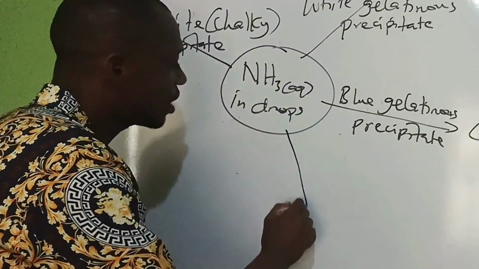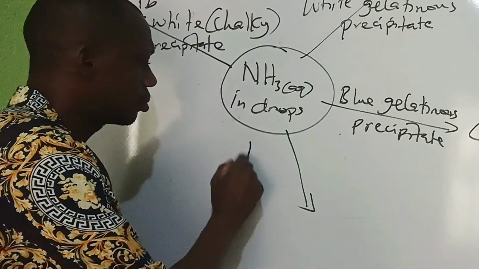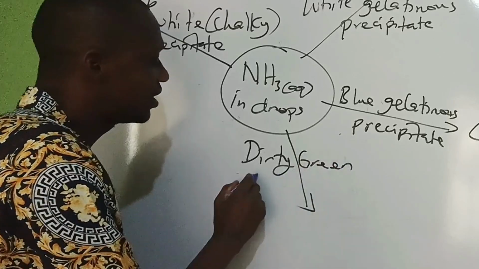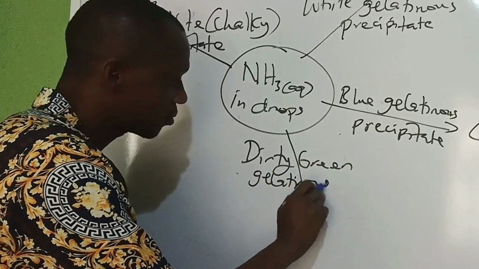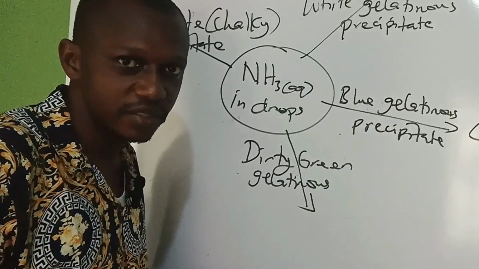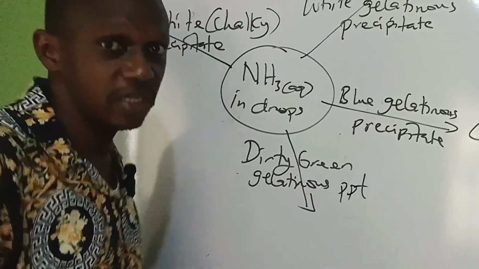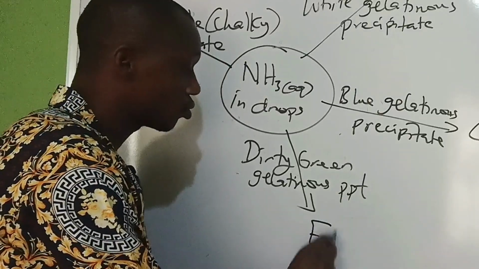Now, if you observe a dirty green, gelatinous precipitate, what are you trying to infer at that end? That is iron 2.